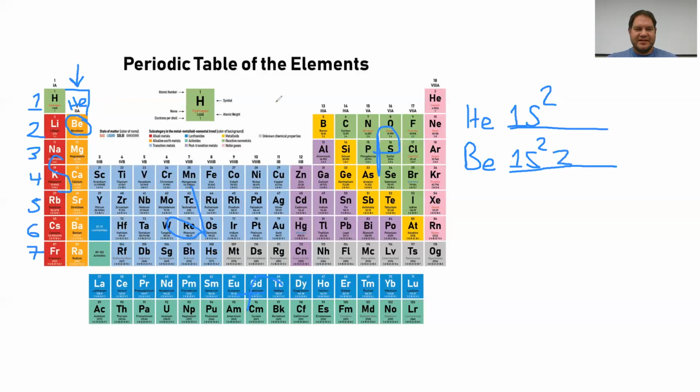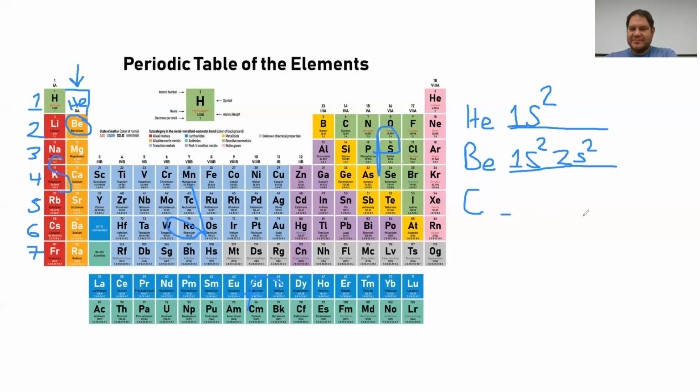We're still in the S block for lithium and beryllium, so I'm going to put an S and then count the number of boxes, 1, 2. And so 2 electrons. So for beryllium, its electron configuration is 1s2, 2s2. Okay. Now let's do carbon.